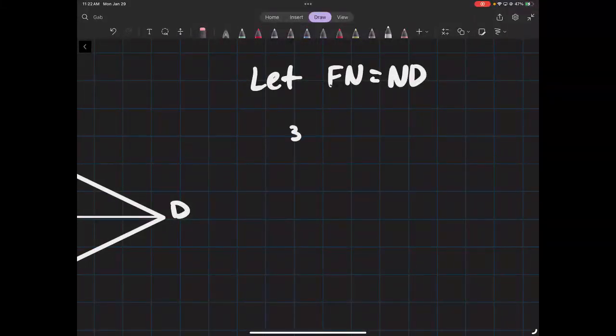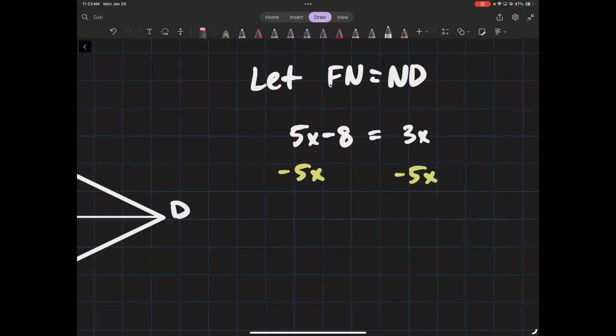So that's good. So what is FN? Say 3x. 5x minus 8 is equal to 3x. That's it? Okay. Someone want to help me out? Subtract 5x. You get negative 8 is equal to negative 2x.